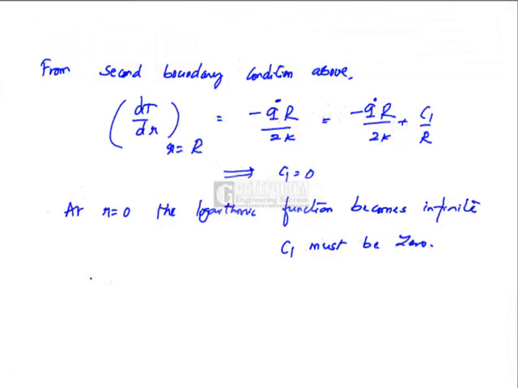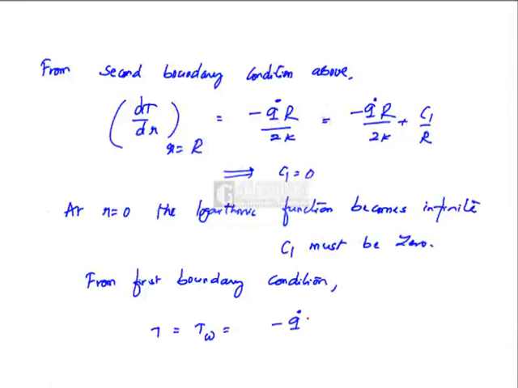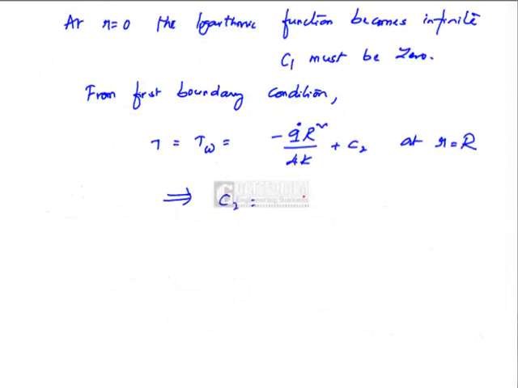Therefore, from the first boundary condition, T is equal to TW is equal to minus q dot R² by 4k plus C2 at r is equal to R, so that C2 is equal to TW plus q dot R² by 4k.